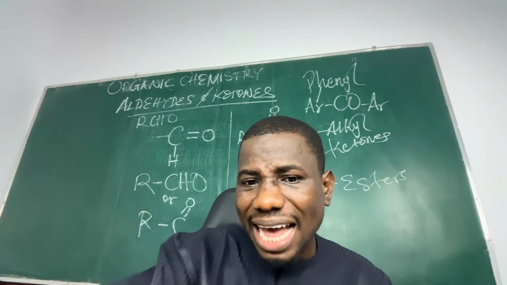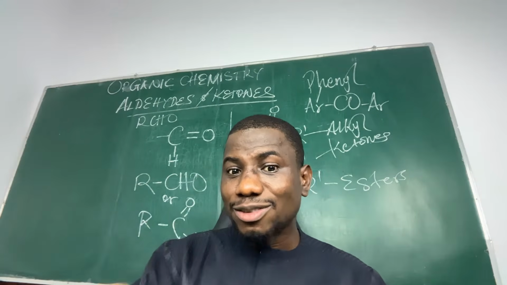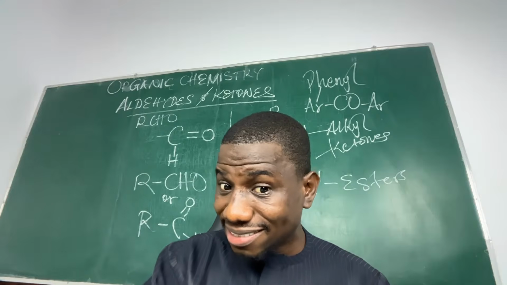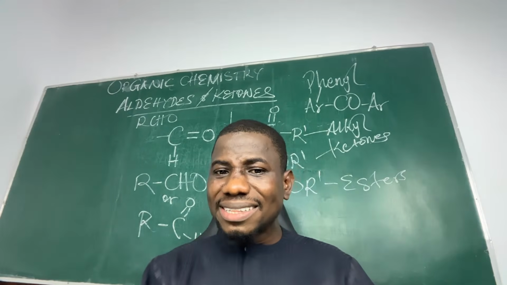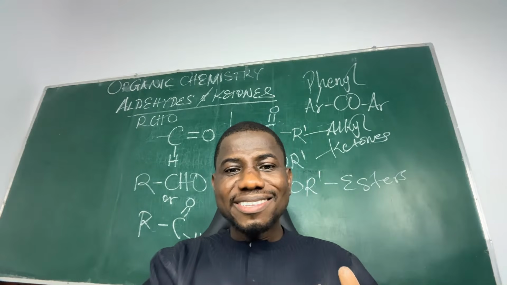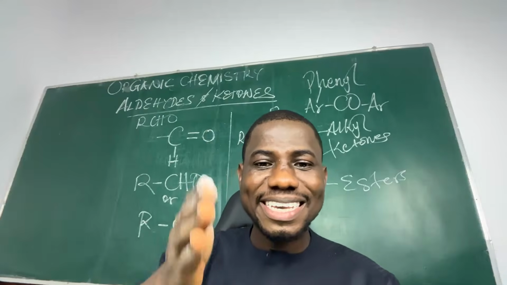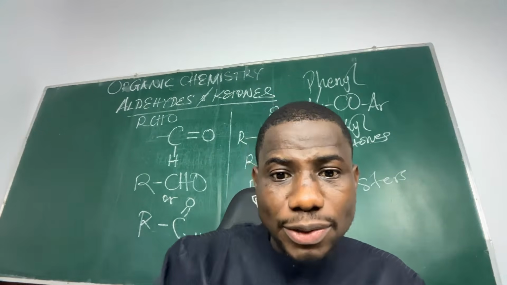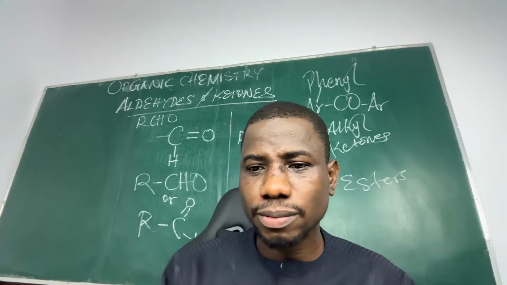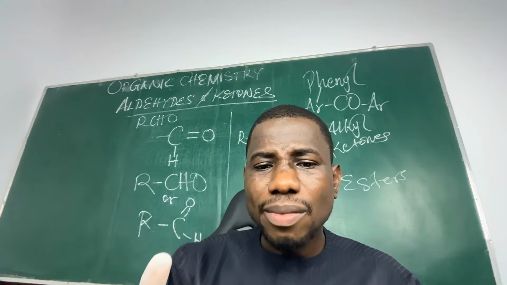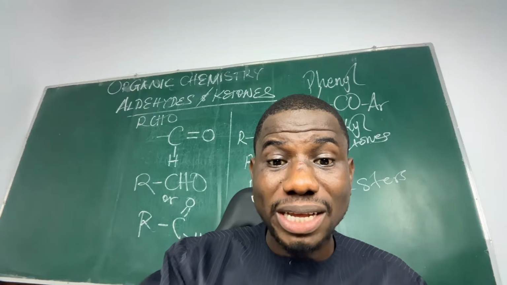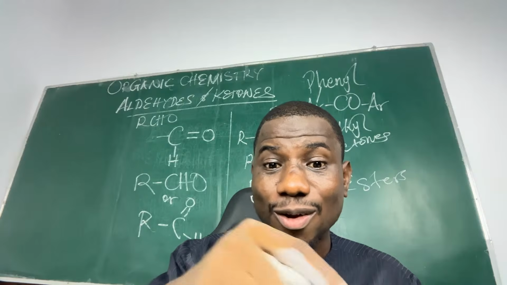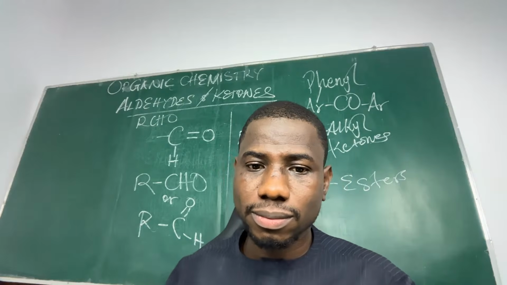If it is attached to an alkyl group that is saturated, we now say that this ketone group is a saturated aliphatic ketone. And that saturated aliphatic ketone is what you call alkanone. So anytime we have a ketone that is saturated, we now call it what? Alkanone.